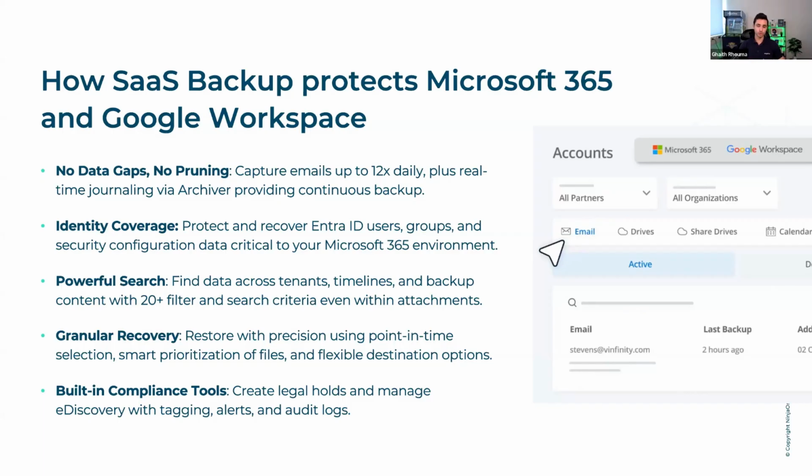Again, Entra ID users, groups, devices, BitLocker, recovery keys, security configuration, so on and so forth. Powerful search. Inside the SaaS portal, you can make a very extensive search, right?